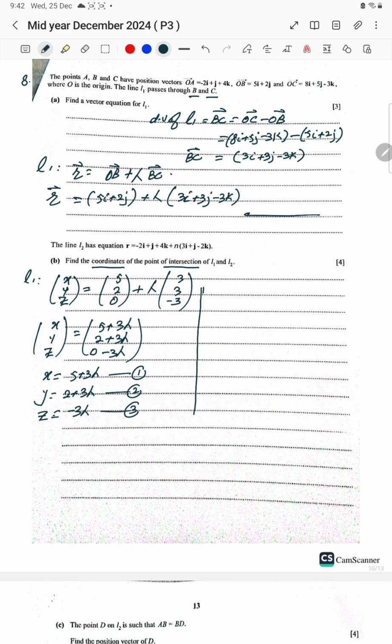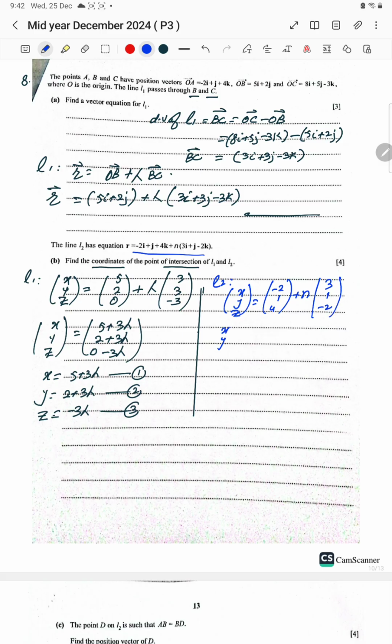Similarly, we can write line 2, which is given here, in column vectors. x, y, z is (minus 2, 1, 4) plus a scalar multiple n times (3, 1, minus 2).